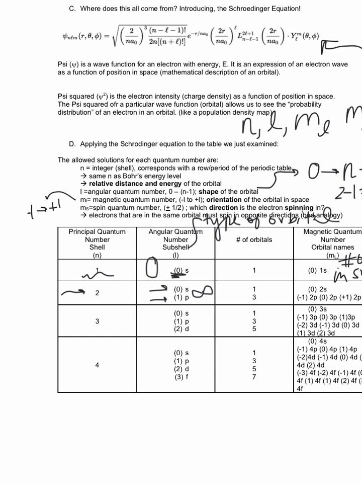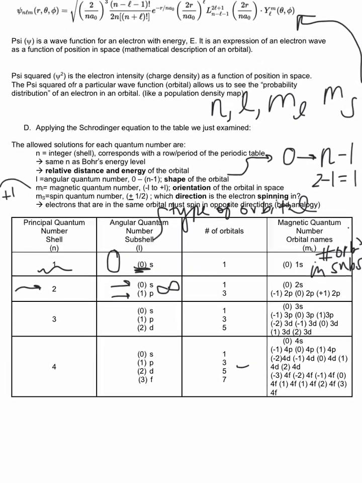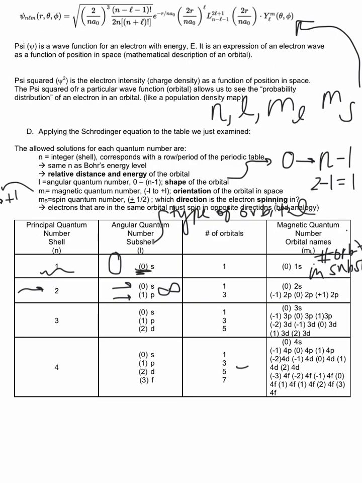So if we look again back at n equals 1, we have an l value of 0. So negative 0, positive 0, no such thing. We just have 0. And so that means we are only going to have one orbital in our s subshell, or l equals 0 subshell.